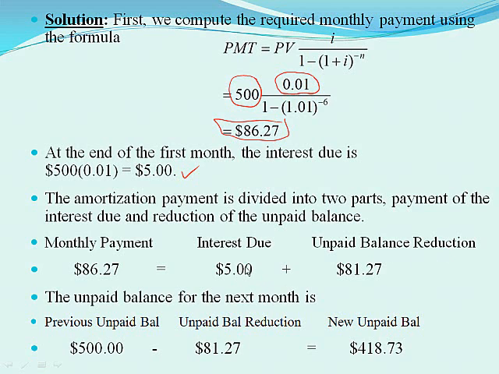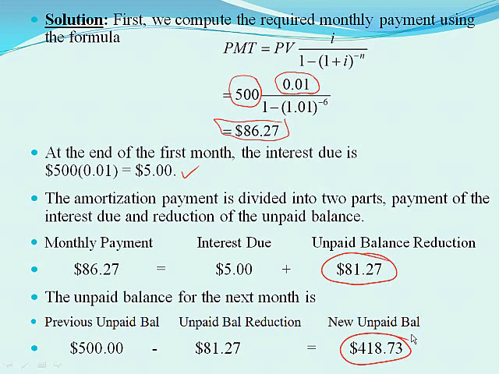If you take off $5 from 86.27, what we get is $81.27. That will be used to reduce the outstanding balance, which is 500. So if you subtract that, we are only left with $418.73 as the outstanding balance at the end of 1 month, just after the first payment is made.